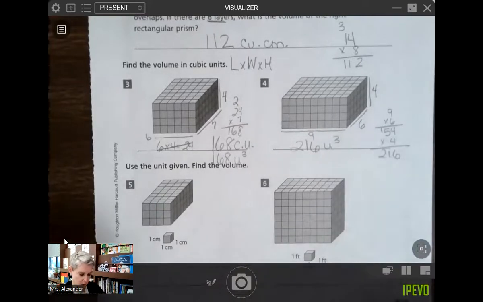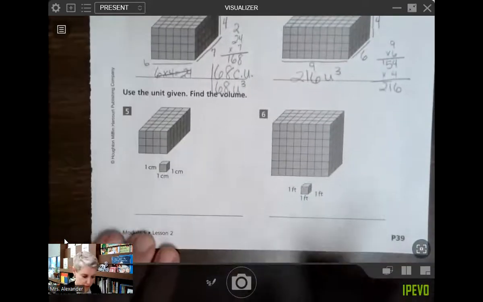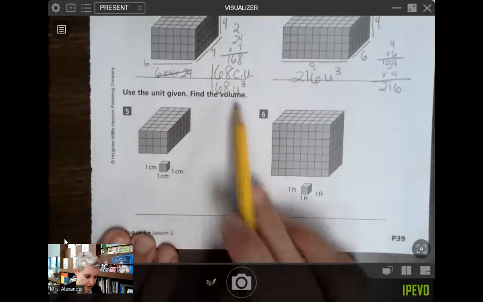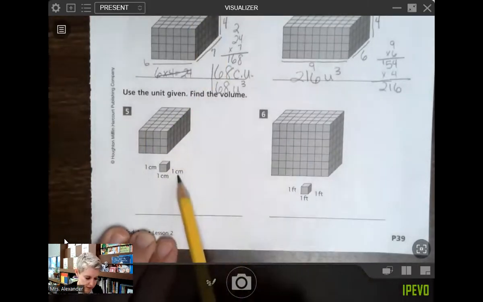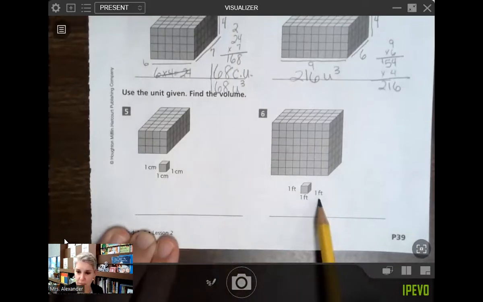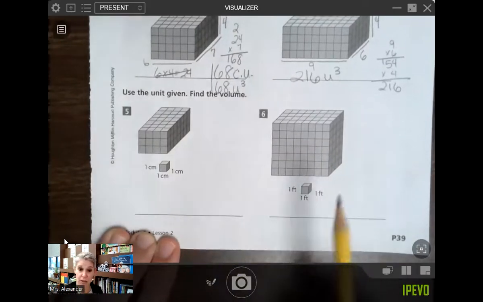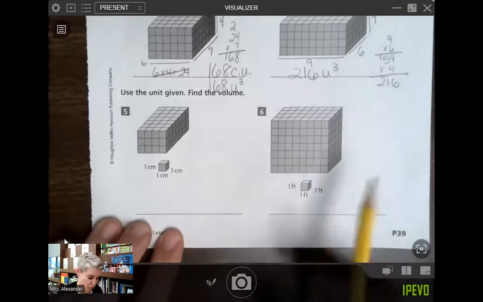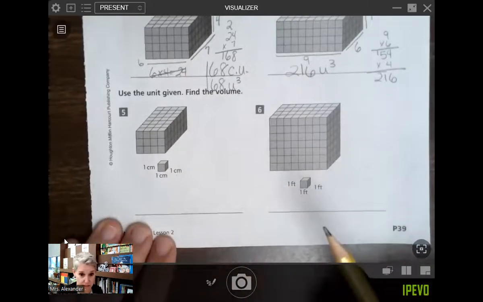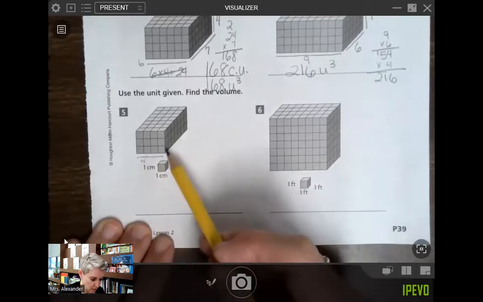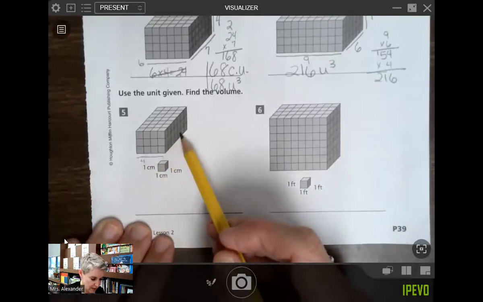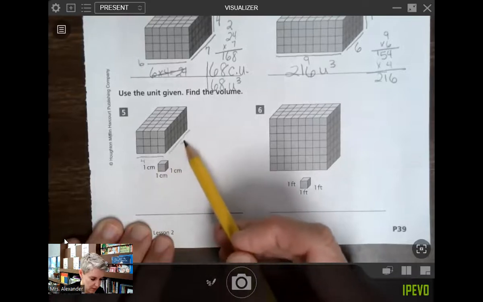Good. All right, getting to the last couple, it says use the unit given and find the volume. So now instead of cubic units, you can see we have centimeter cubes and cubes that are in feet. So we have to use the right unit of measure when we're writing our answer. We're going to find the volume the same way. 1, 2, 3, 4 is my length. 1, 2, 3, 4, 5, 6, 7 is the width.